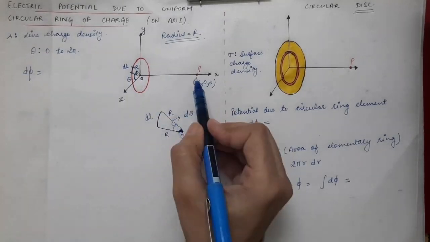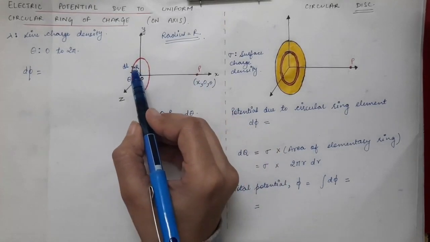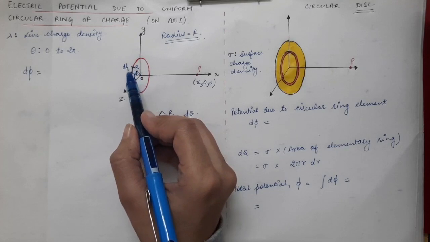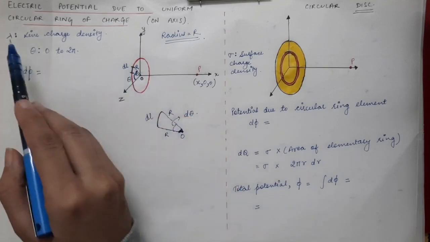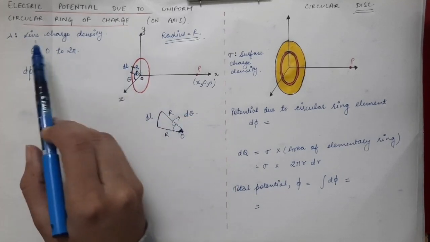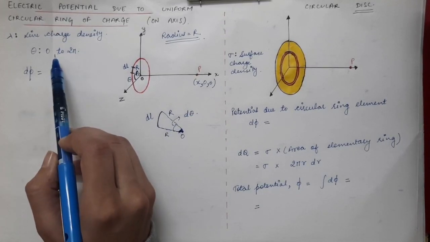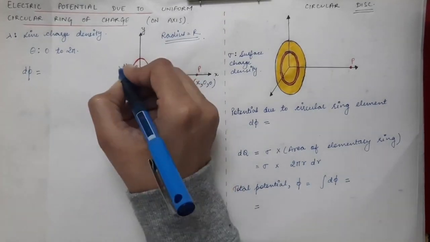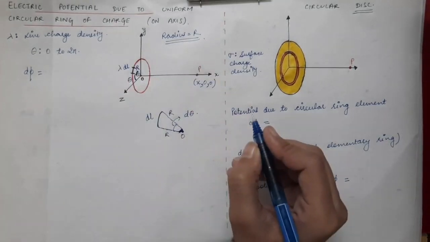Now to find out the potential, we must need the amount of charge which is present. Now what will be the amount of charge present on this length element? Now lambda is the line charge density, which is the charge present in the unit length. So this is the dl amount of length. So what will be the charge? That will be equal to lambda into dl.